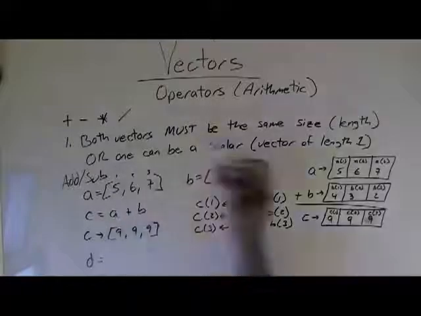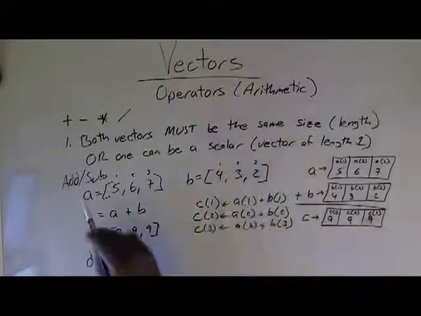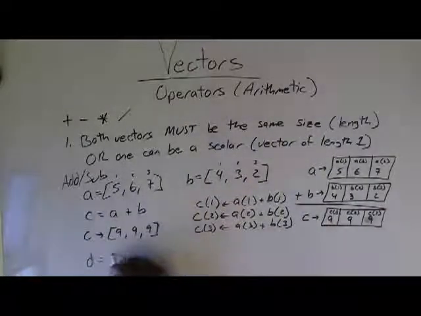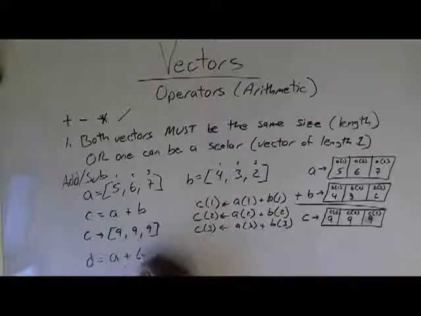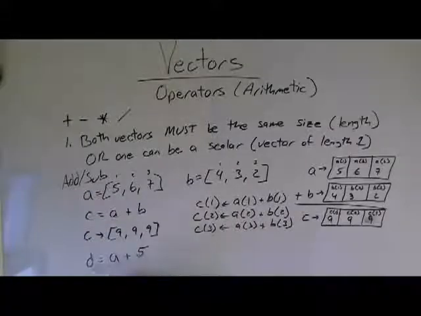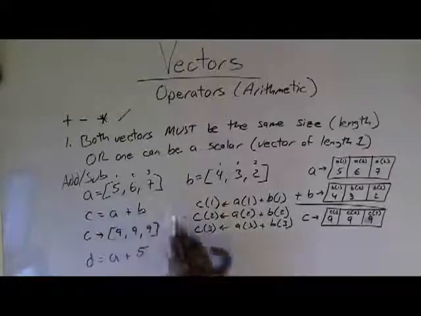That's when both vectors are the same size. Or you can do A plus 5. If you did D equals A plus 5, then this is a scalar. MATLAB is smart enough to know that since this is a scalar, it's going to add the value 5 to each element in vector A.